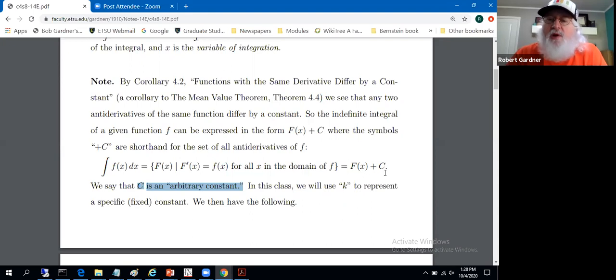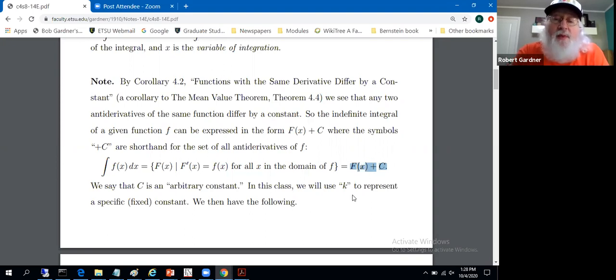Indefinite integrals are entire collections of functions. They're the set of all antiderivatives of function lowercase f, and that's what these symbols mean. So this is a collection of functions of a particular form, not just a single function.